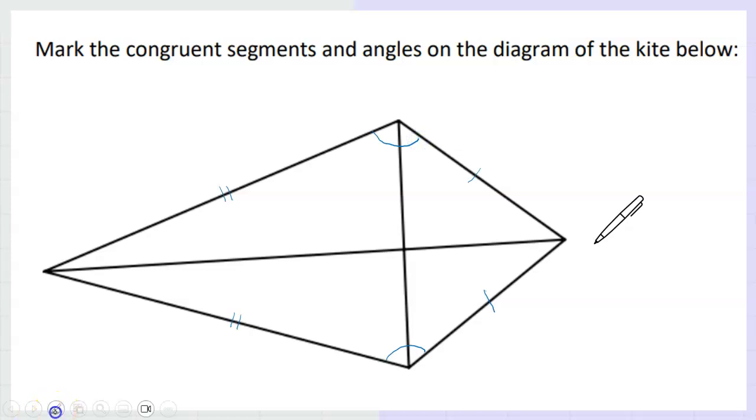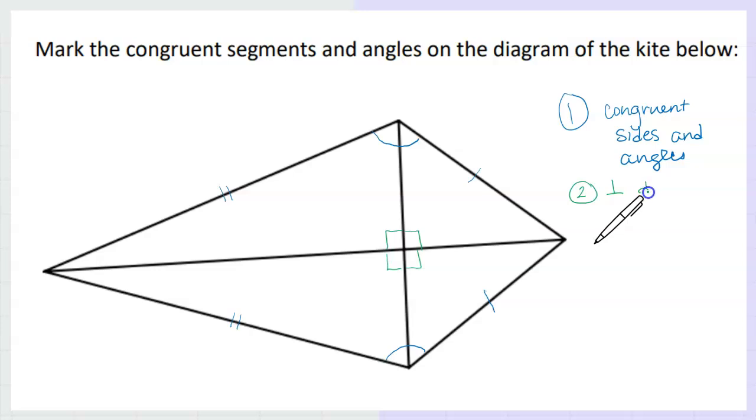So that's all from that first property. Then we know that the diagonals are perpendicular, which means that we know that these angles are right angles. So that's our second property, perpendicular diagonals.